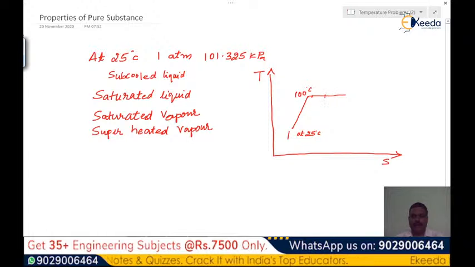And at the center, as I told you, it is 50% water in the liquid phase and 50% in the vapor phase. And maybe at this point it may be 90% vapor and 10% in the liquid state.